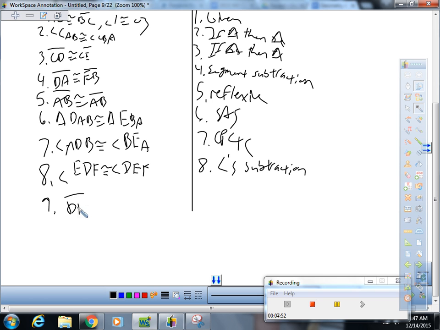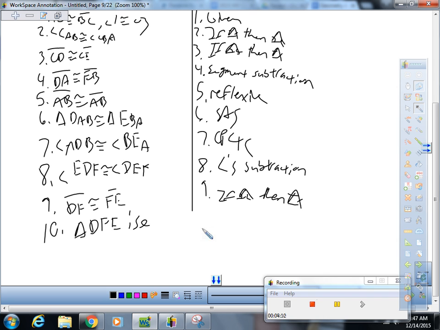And then GF is congruent to FE. That would be if angles, then sides. And then final thing would be triangle DFE is isosceles. And then the reason would be definition of isosceles. Boom!